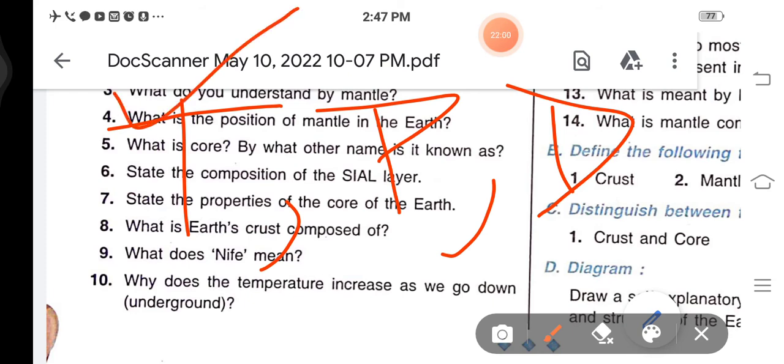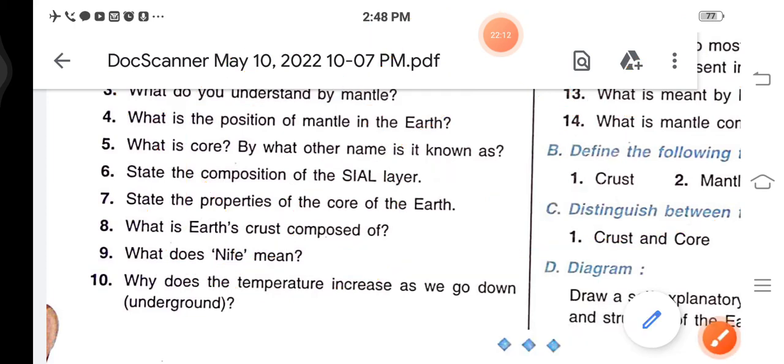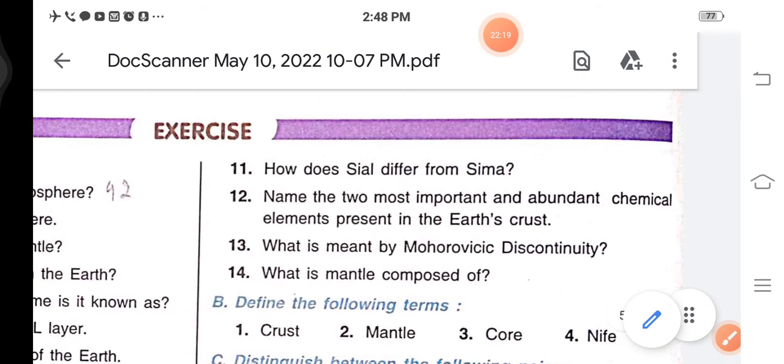Temperature, high temperature. Pressure, low pressure. Density, change in density. So there is change in these three, so there is temperature increase. Why is there a temperature increase? Because there are a lot of gases present which speed up the increase in the temperature.